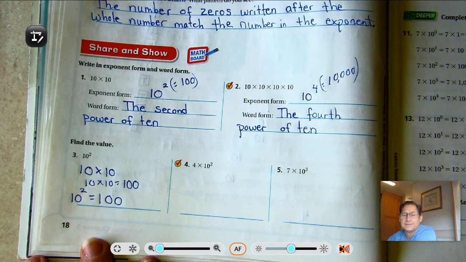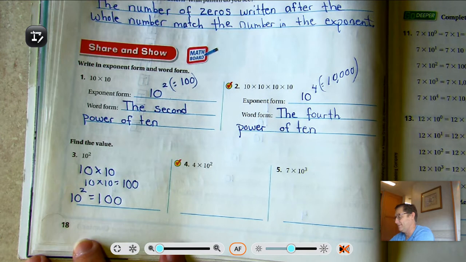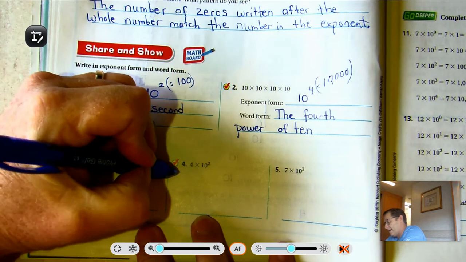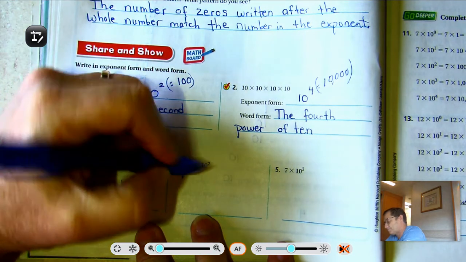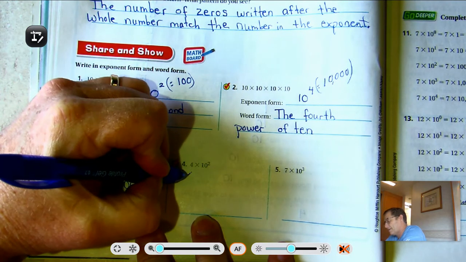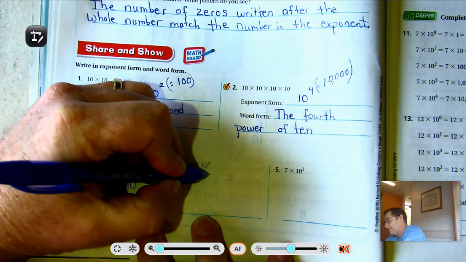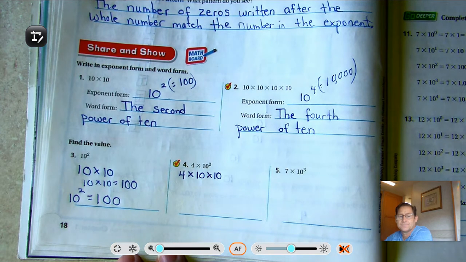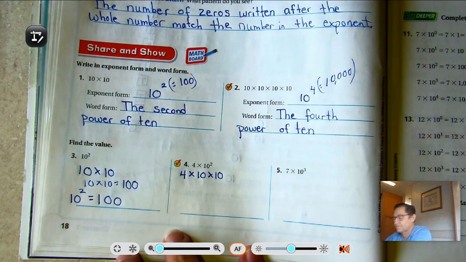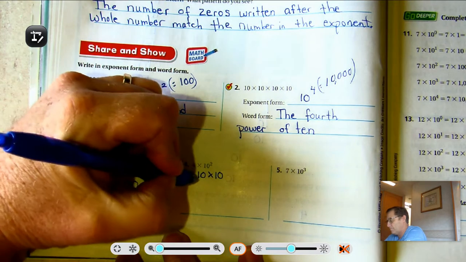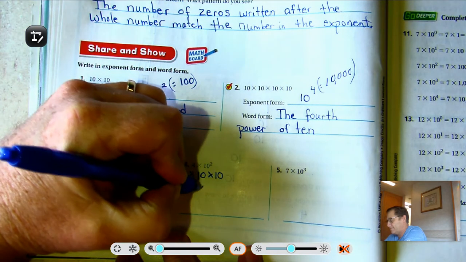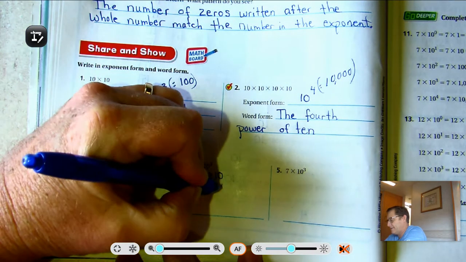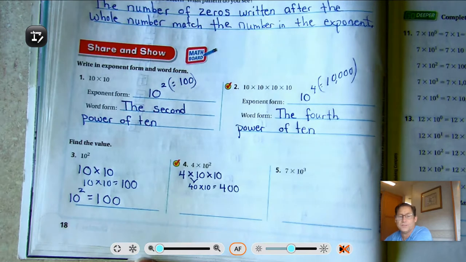Next, 4 times the second power of 10. So we'd have 4 times 10 times 10. Well, 4 times 10 is 40, and 40 times 10 is 400.